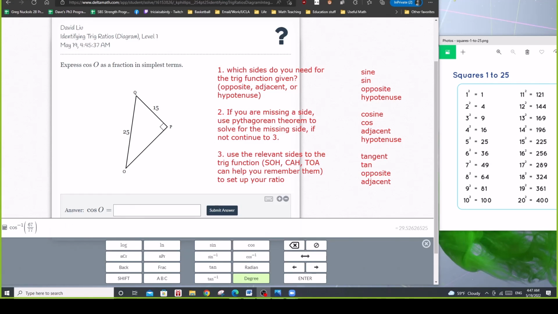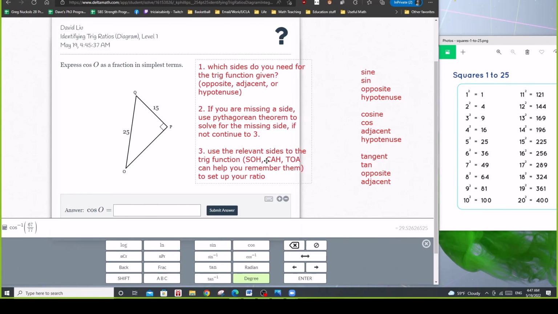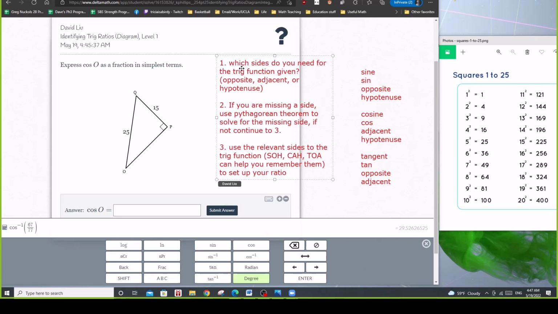I wanted to add something at the end, but these are the steps you would take to do. So first, you need to ask yourself what sides you need. For example, this is cosine. So cosine, as I see here, I need the adjacent to O, which is this side, and the hypotenuse. So I'm missing this side, so I have to use Pythagorean theorem to solve for it, okay?